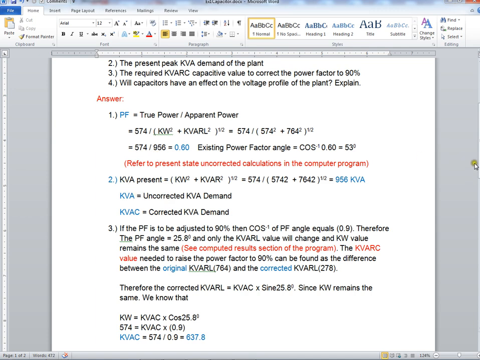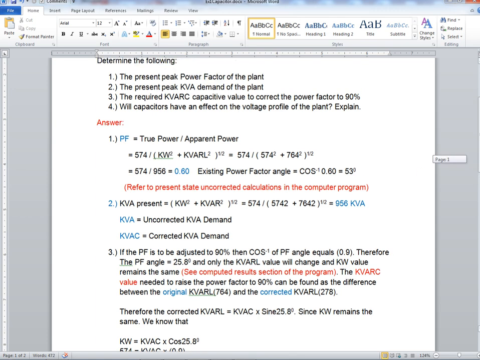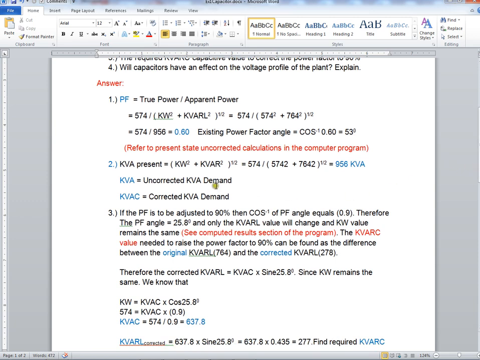Then for question number 2, the present peak kVA demand, well, that's pretty straightforward. We know the kW, we know the kVAR. We use the right triangle formula for that, and there you have 956 kVA. So this is how you would calculate it by hand.